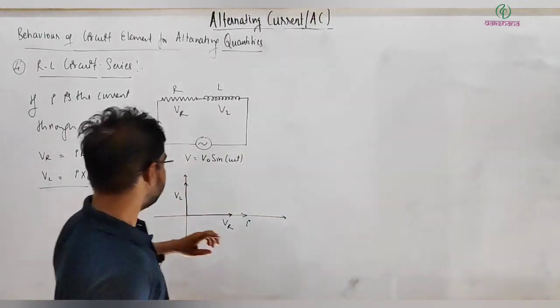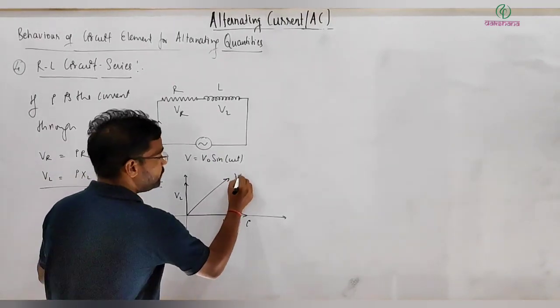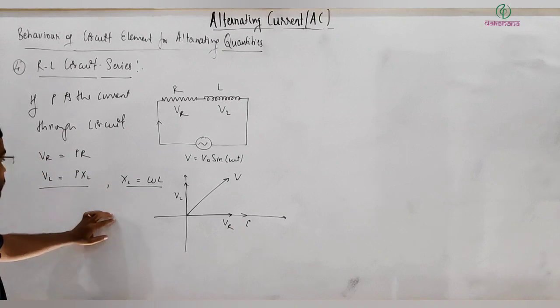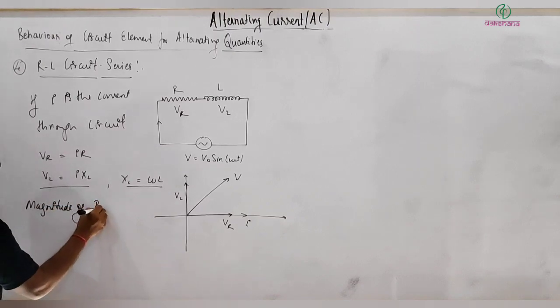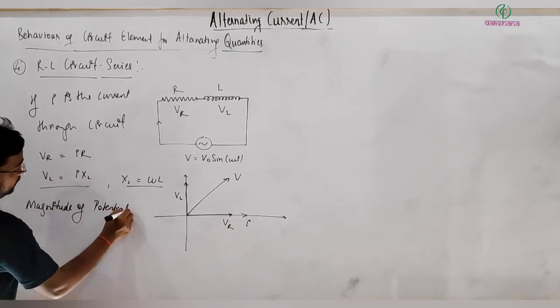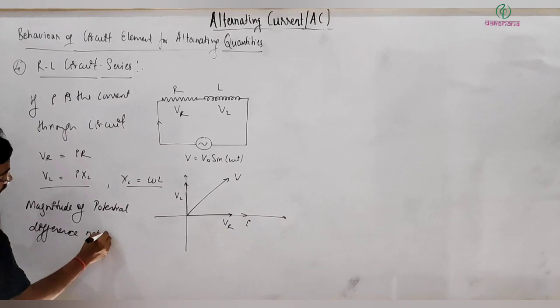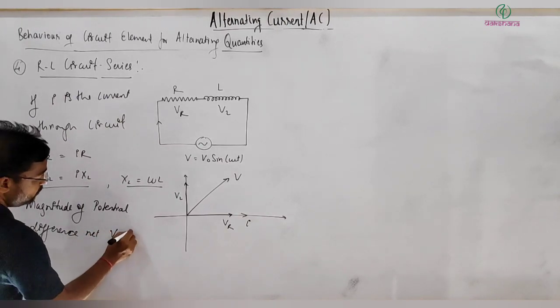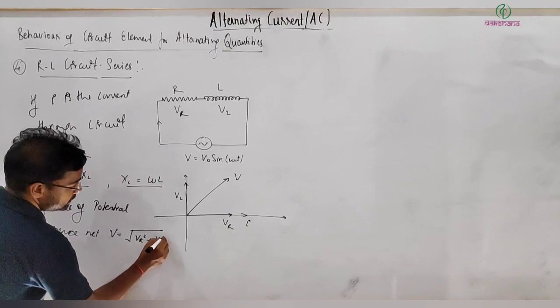So I can write my net potential drop, this is your V, right? Now what is V? V is the magnitude of the net potential difference, and you can write V is equal to under root VR square plus VL square.